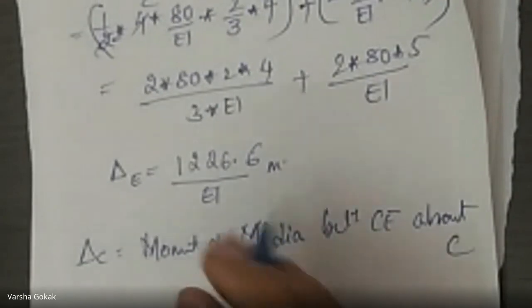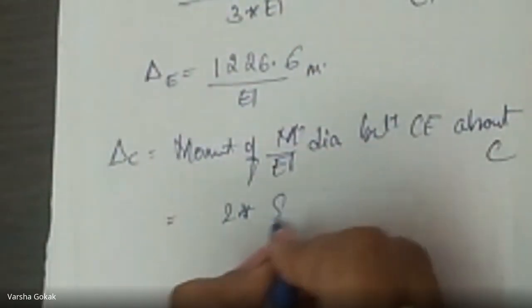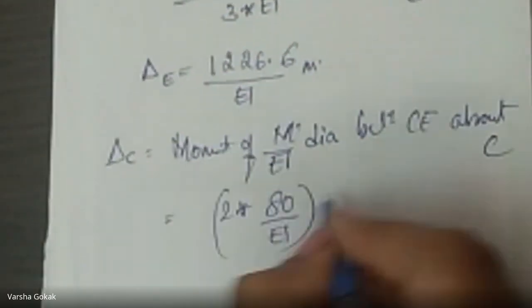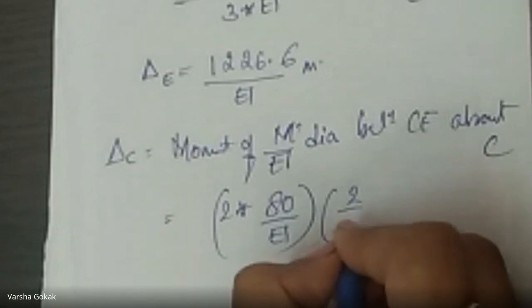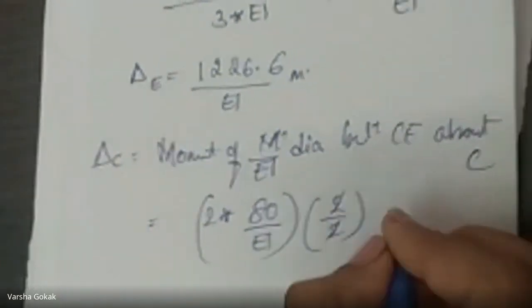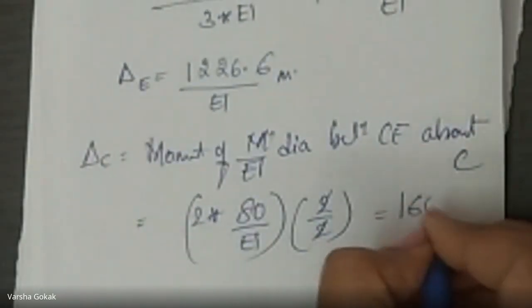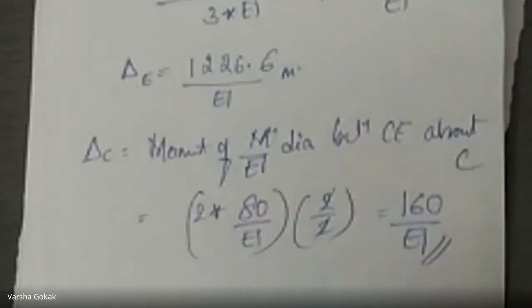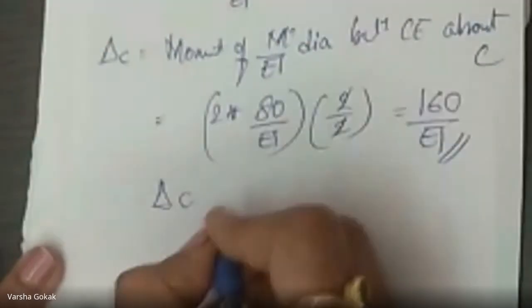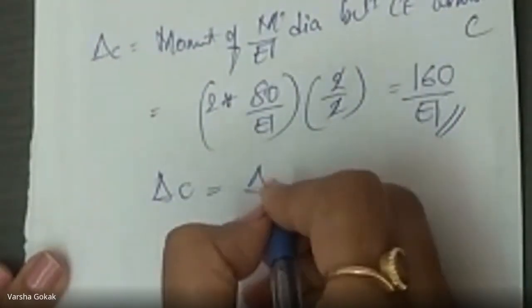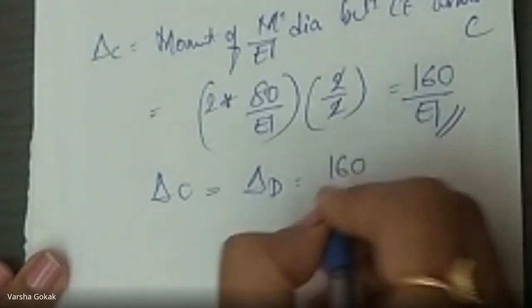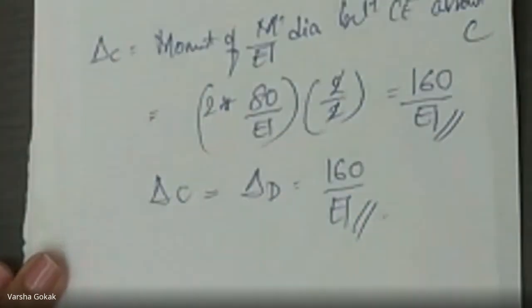So that area is 2 into 80 by EI, and perpendicular distance is going to be half of 2. So 160 by EI is the value. So delta C is going to be equal to delta D, that is 160 by EI.